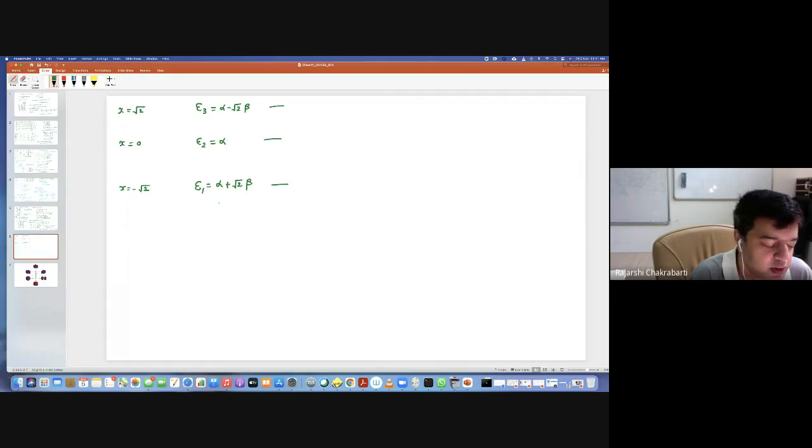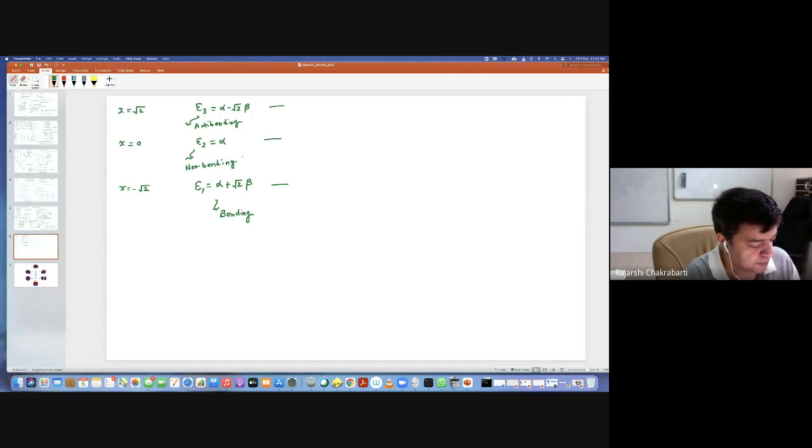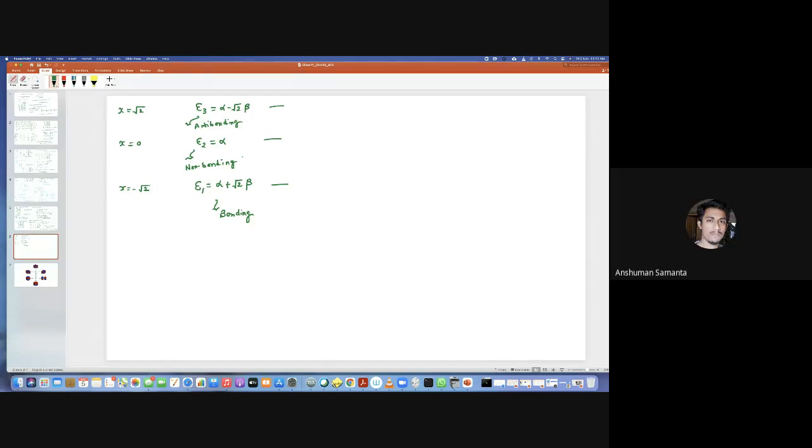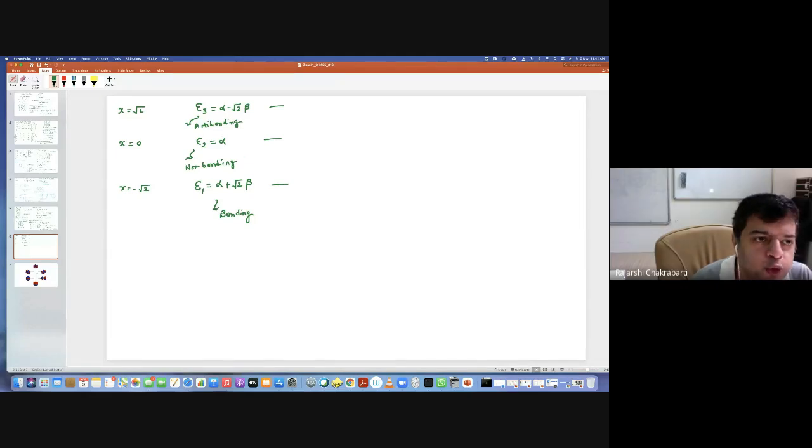This is your bonding, no? This is called anti-bonding. And what about this? It's called non-bonding. How many electrons are there in allyl system? Sir, in cation 2, in radical 3, in anion 4. Yeah, so I'll just put 2 here and consider cation. It doesn't matter.